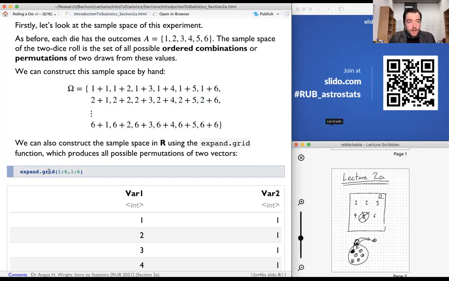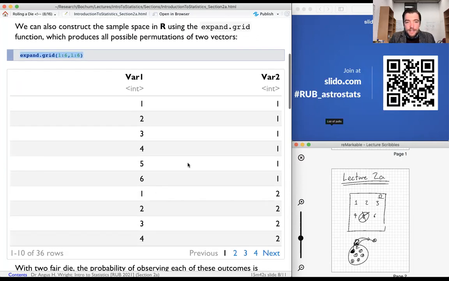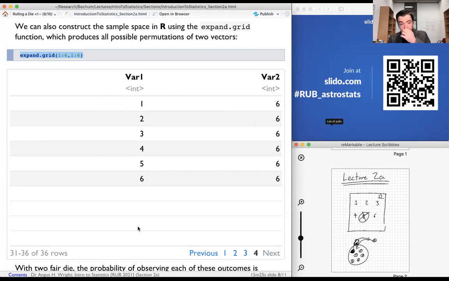So if I just do expand.grid of 1 to 6 and 1 to 6, I get this data frame, where I'm rolling a 1 on my second die and 1, 2, 3, 4, 5, 6, and then a 2 on my second die, 1, 2, 3, 4, 5, 6, etc., all the way through to 6 on my second die, 1, 2, 3, 4, 5, 6.